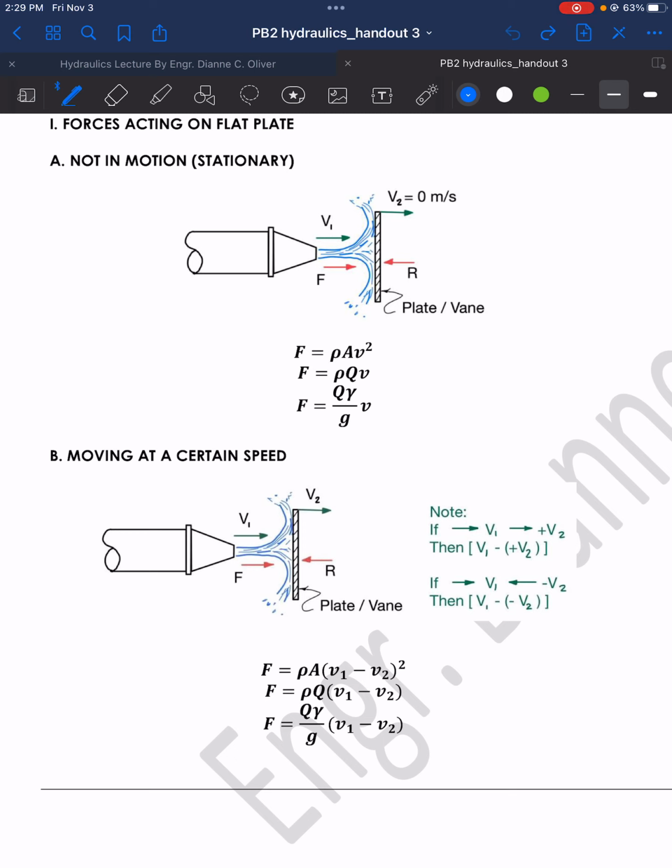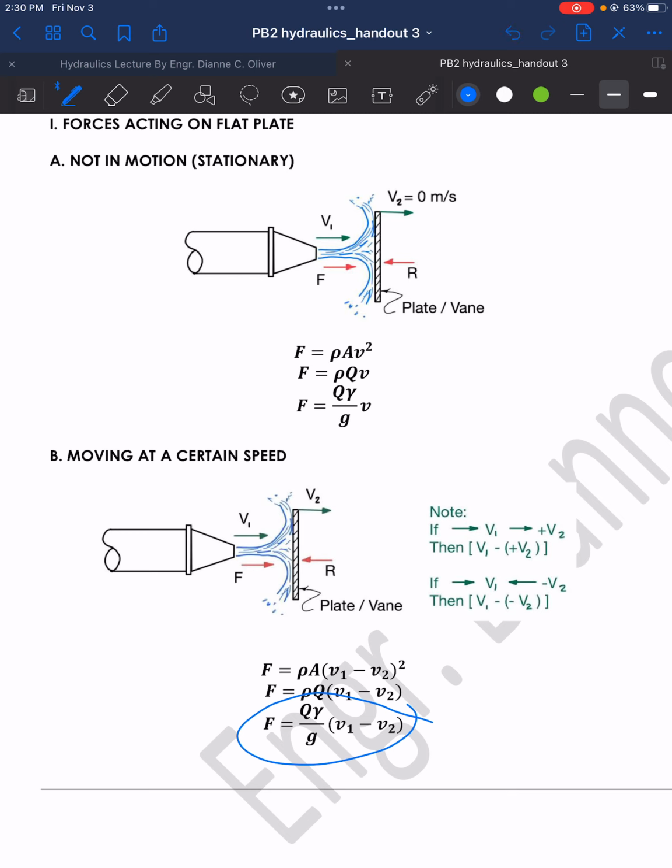Or we have the formula F is equal to the density of the liquid times Q, or the rate of flow, times the velocity of the jet minus the velocity of the vane. Then we have F is equal to Q gamma, or that is the unit weight or specific weight of the liquid, all over the acceleration of gravity times the velocity of the jet minus the velocity of the vane.